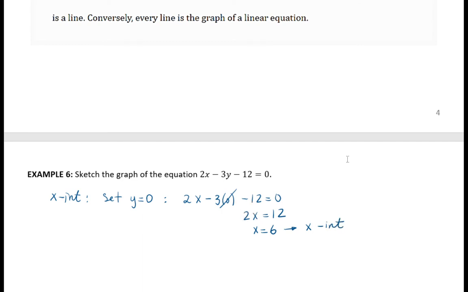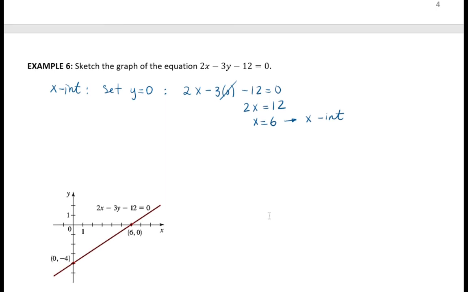In a similar manner, if you want to find the y-intercept, let's do it with a different color. This time you set x equals 0, because y-intercept means x is 0. You're on the y-axis. So we got 2 times 0, which will simply disappear. That's just 0.